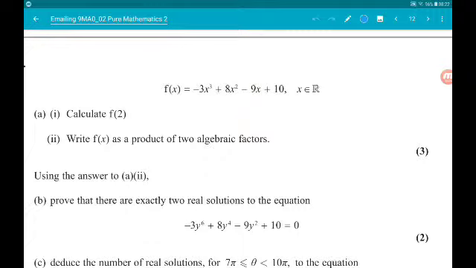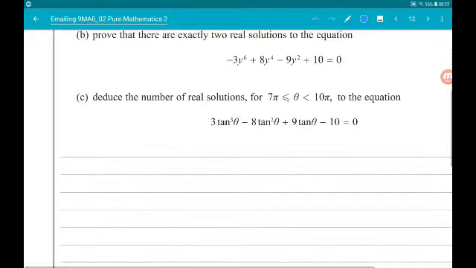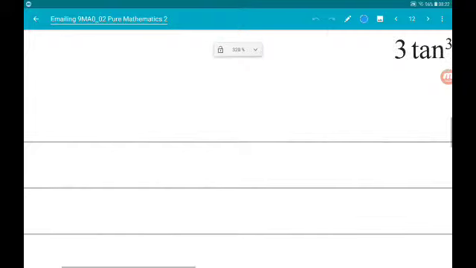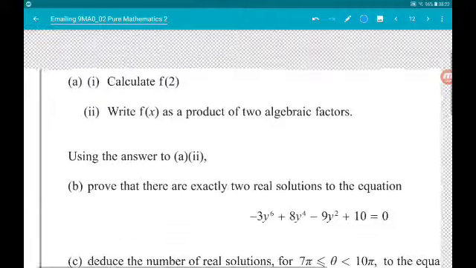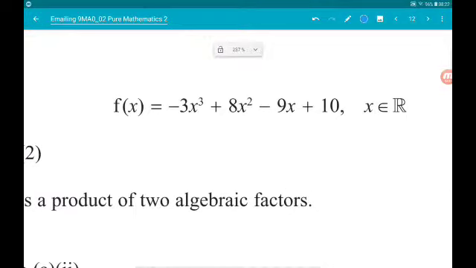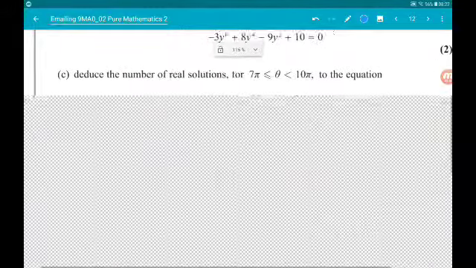Okay, so f of x is minus 3x cubed add 8x squared minus 9x add 10.